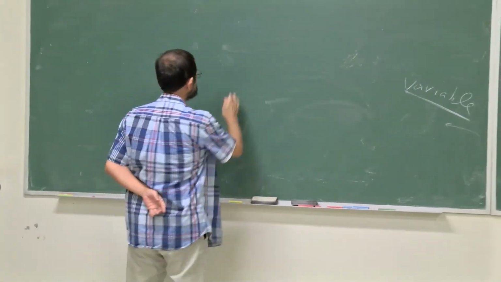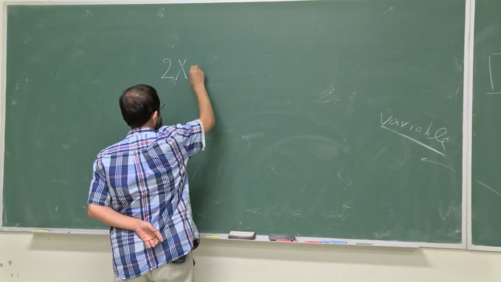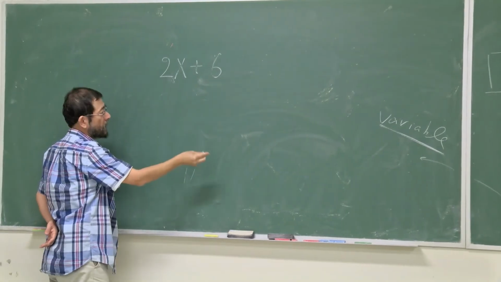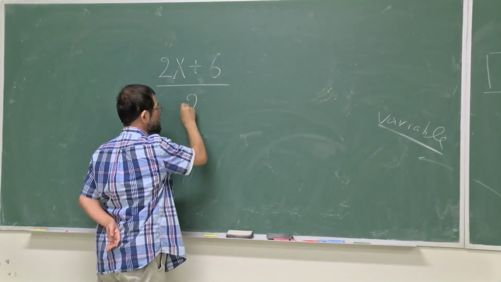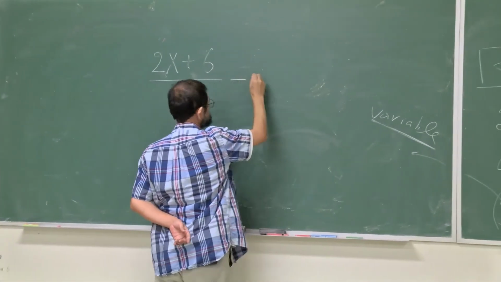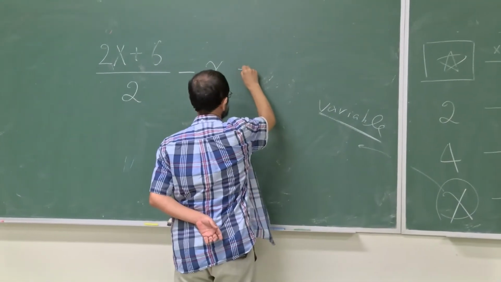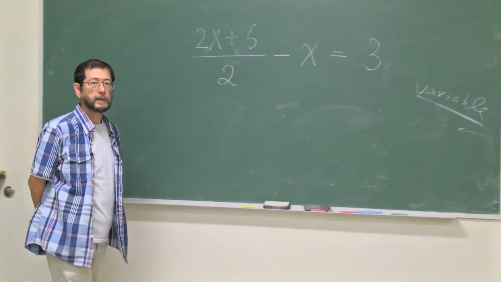So what I did is, I start from x, then I made 2x plus 6. Now I divide it by 2, and then I subtract the original number x. Then I got 3.